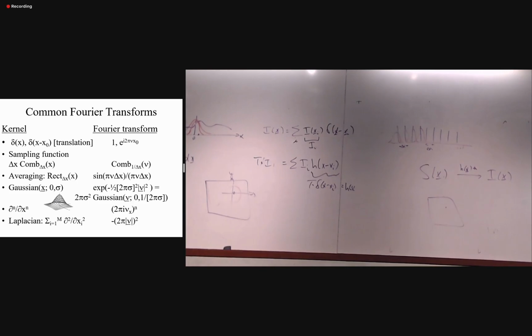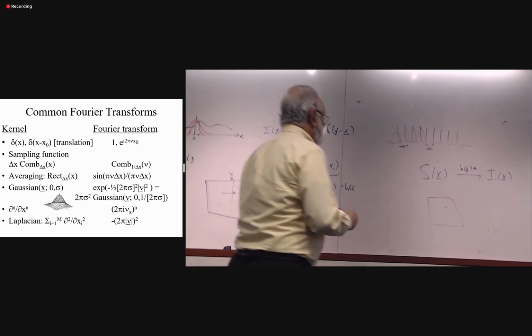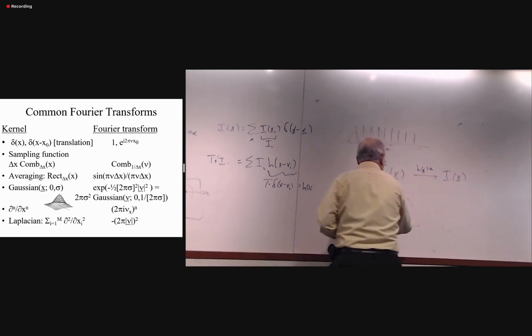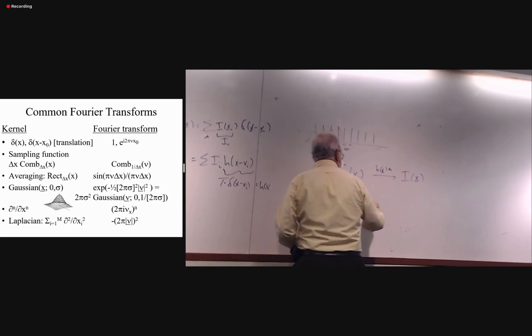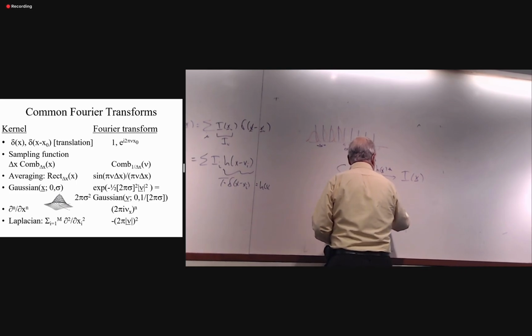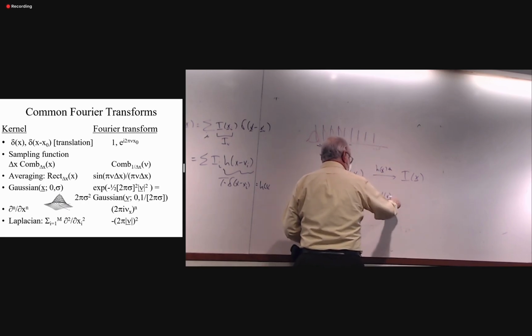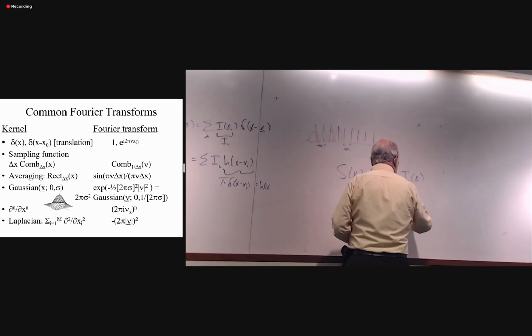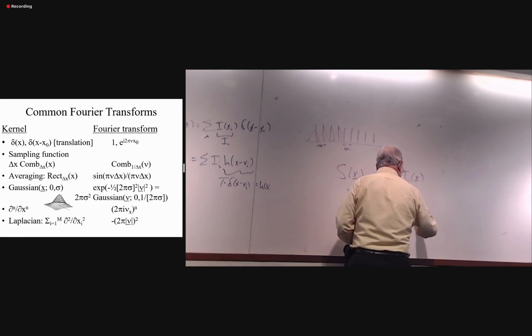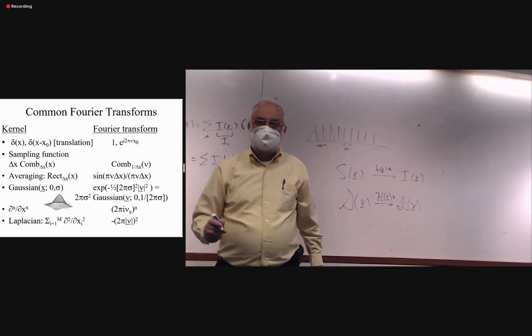That is to say, we need to know what the transfer function script h is so that we get in frequency domain S of nu applied via multiplication with the Fourier transform of h, times the Fourier transform of the image.